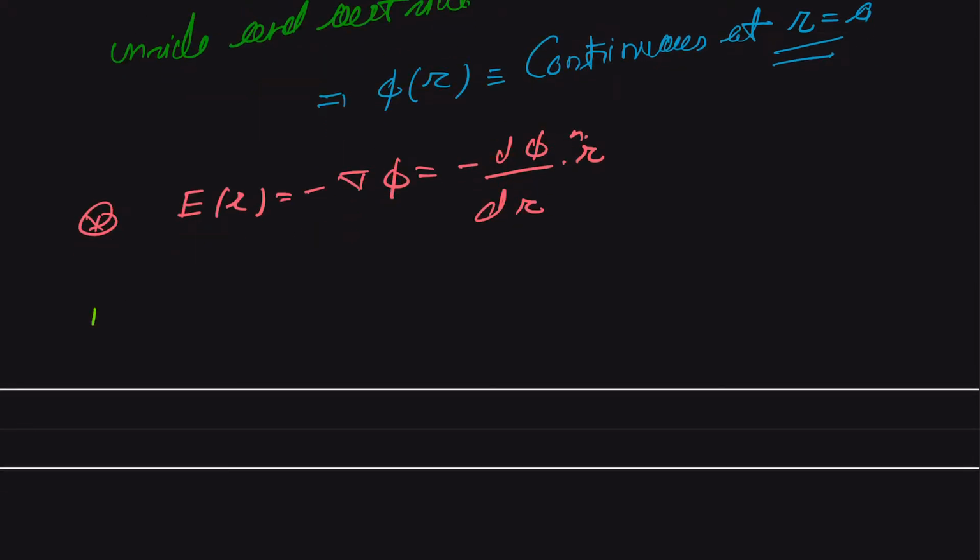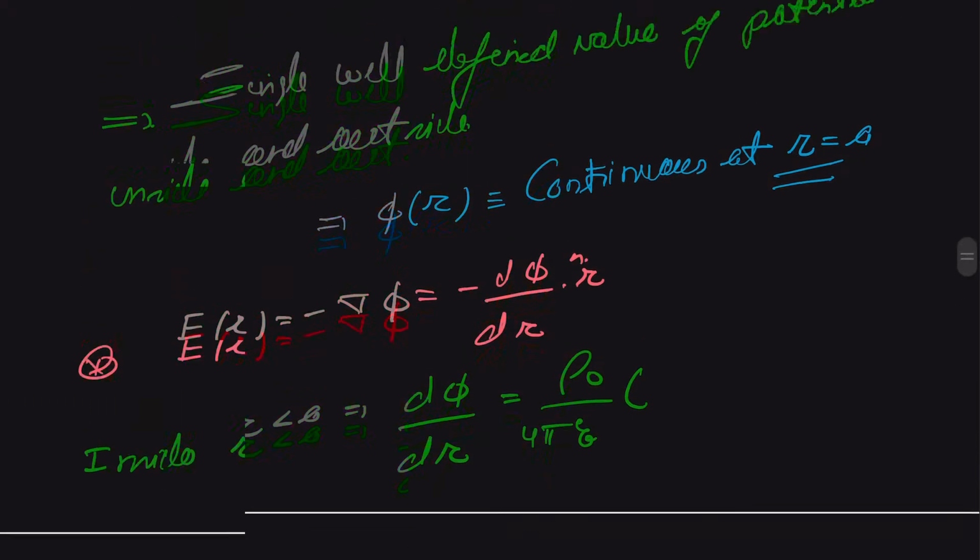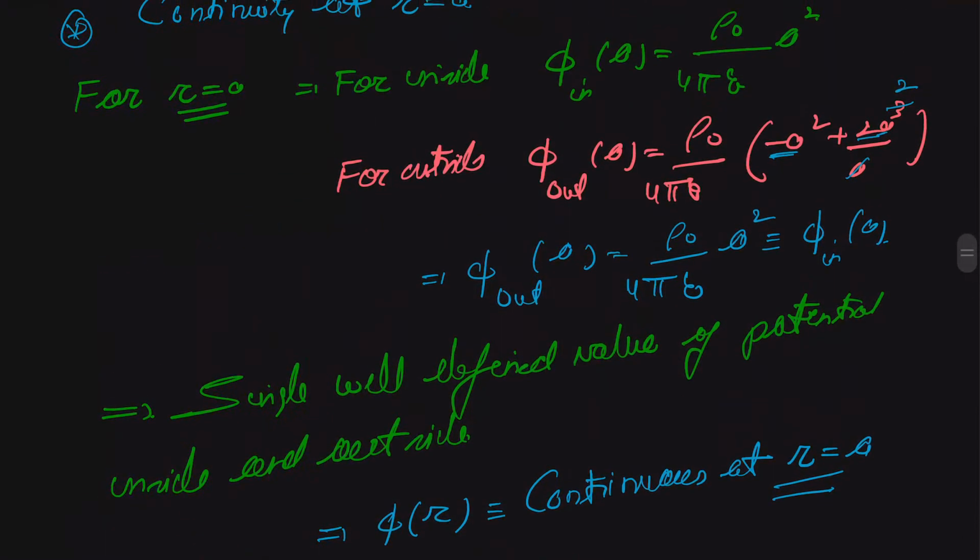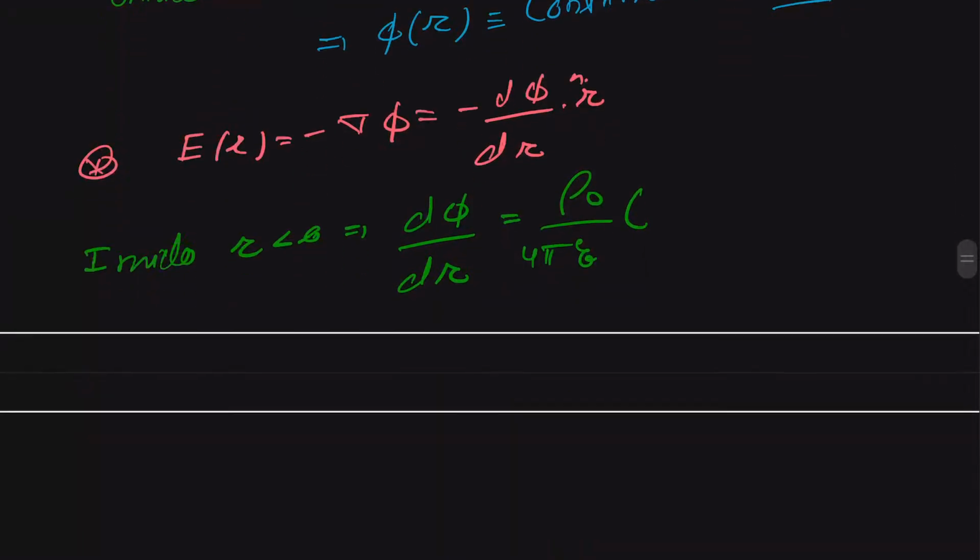So we can say inside, r is less than a, and therefore the derivative of the potential will be equal to rho naught over 4 pi epsilon naught, and derivative of this will be equal to 2a, and a is equal to r, so that will be equal to 2r.